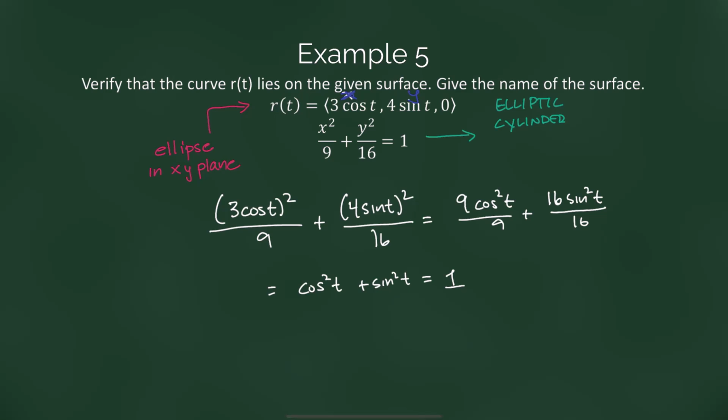And so we get 1, which is correct. Cosine squared plus sine squared is 1, which is what we wanted up here. So we see our curve given by our vector valued function is on the surface that we have, our elliptic cylinder.